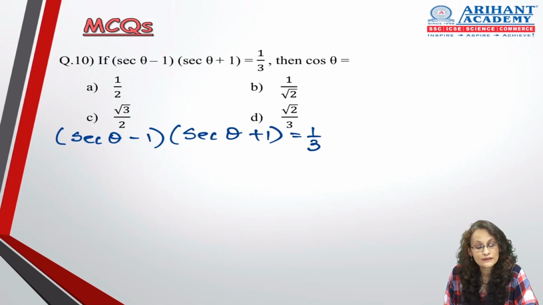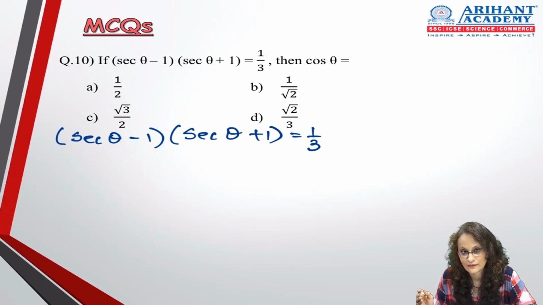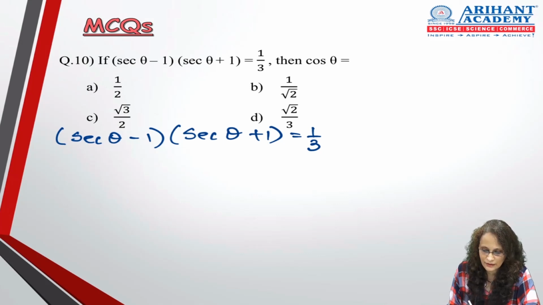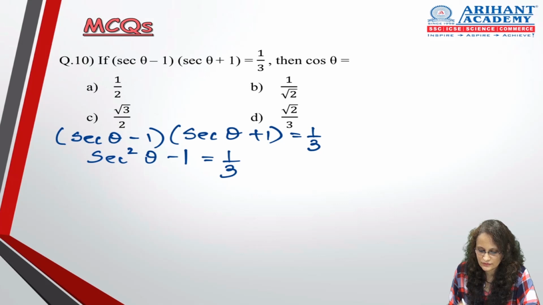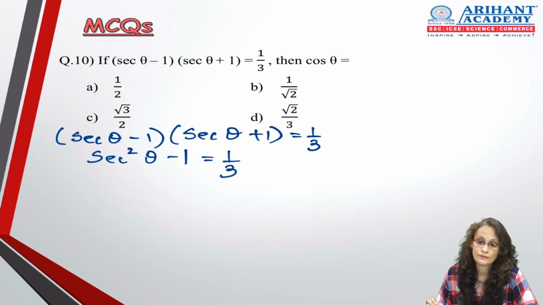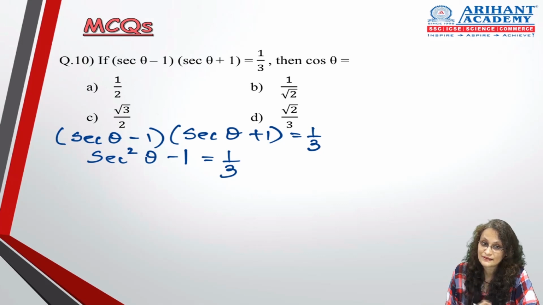And हमको पता है a minus b into a plus b is nothing but a square minus b square. So in these terms it will become sec square theta minus 1 is equal to 1 upon 3. Sec square theta minus 1 is what? Our second identity. So sec square theta minus 1 will give me tan square theta is 1 upon 3.